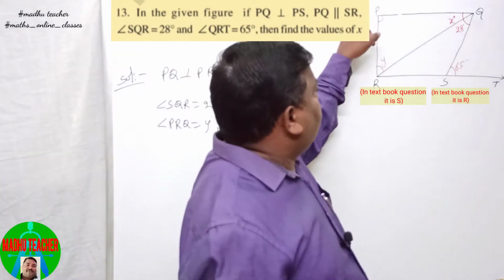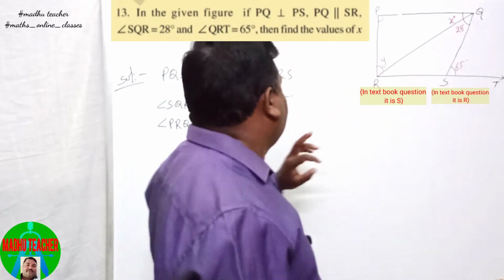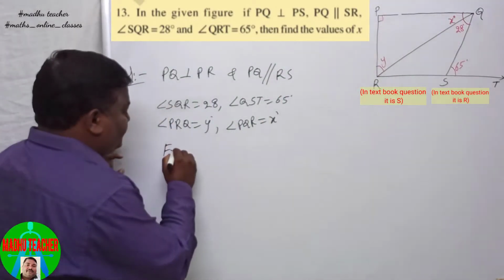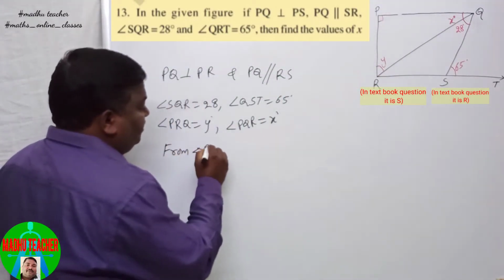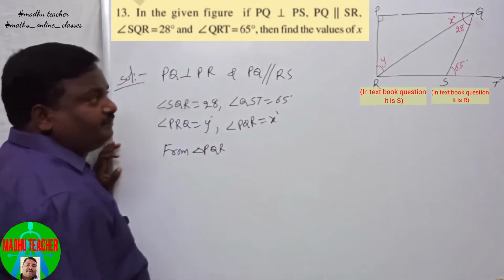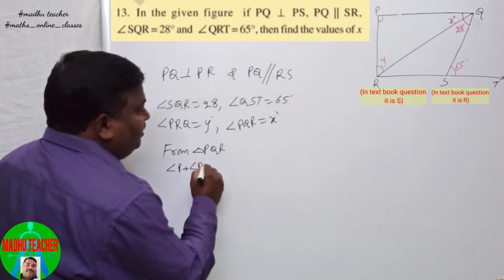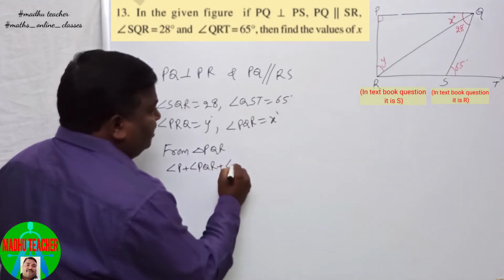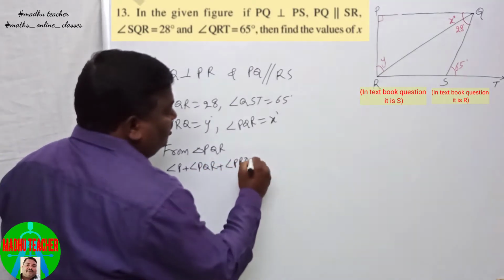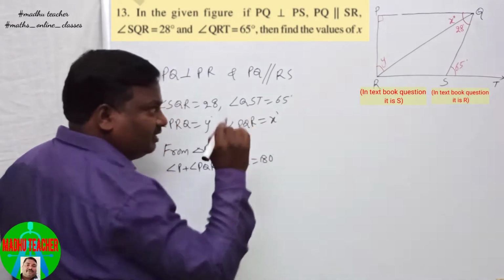Here I am taking triangle PQR. From triangle PQR, angle P plus angle PQR plus angle PRQ equals 180 degrees.